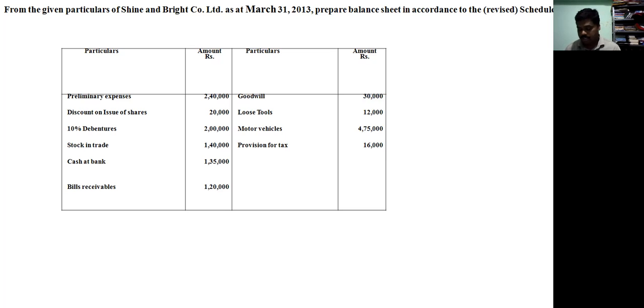For example, if I take current liabilities and provisions, including acceptances, sundry creditors, all outstandings, any advance payments, unclaimed dividends, other liabilities, all these will be added here.